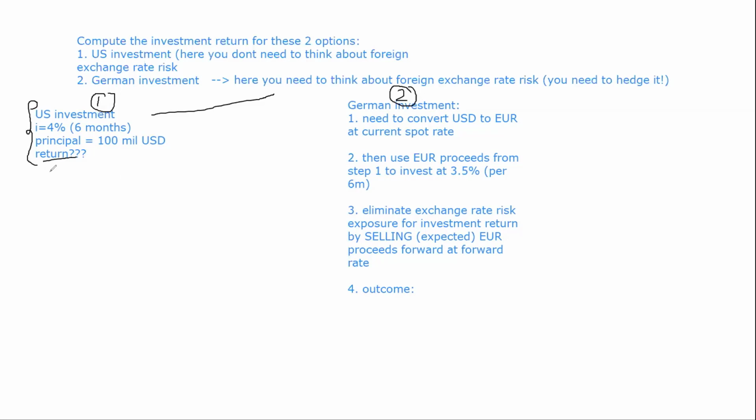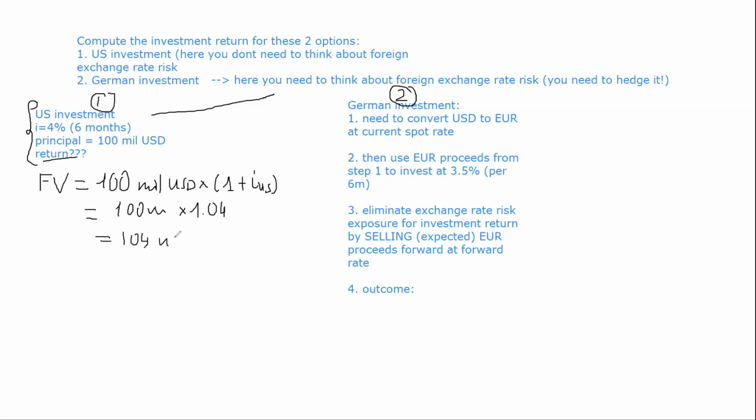So here I'm just doing a future value calculation, right? I'm just going to take the principal, which is 100 million USD, and I'm going to times it with 1 plus I. In this case, it will be 100 mil times 1.04, and that will be 104 million USD, okay.